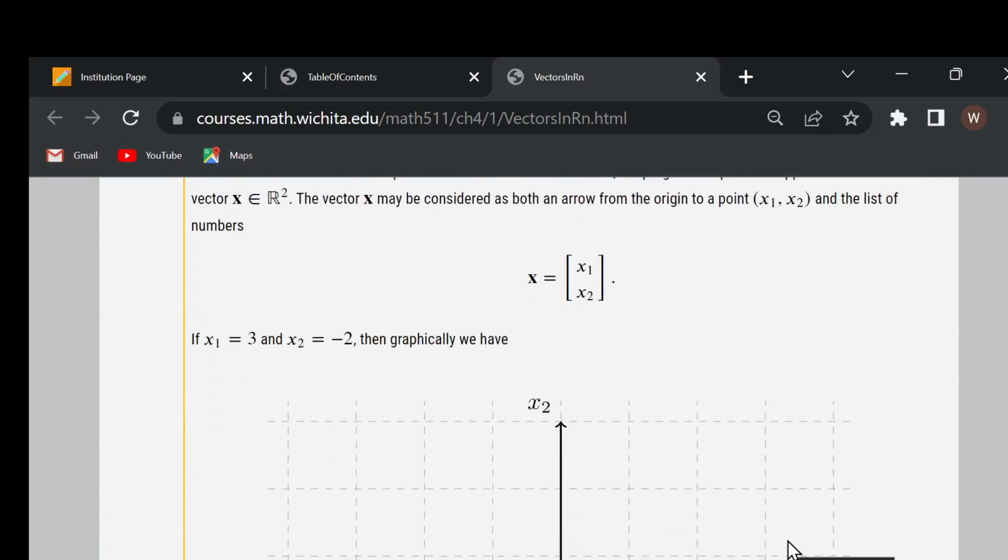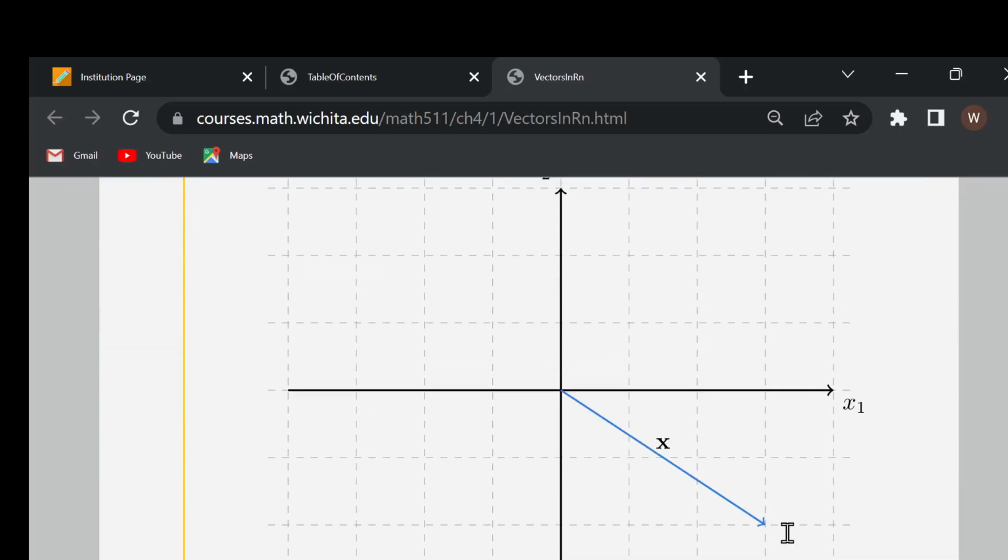Now, the physicist's perspective is one we're really familiar with, where it's an arrow in space. And the computer science perspective is that it's a list of numbers, and that we can do all of our linear algebra with lists of numbers and with arrows in space. The problem is, we would like to take this very familiar Rn, especially R2 and R3, and generalize this to other vector spaces in which drawing the vector is impossible, and writing down the vector is impossible because it has an infinite number of coordinates.